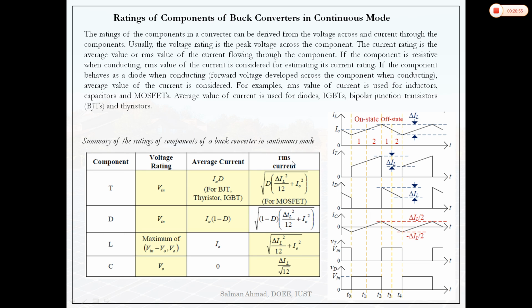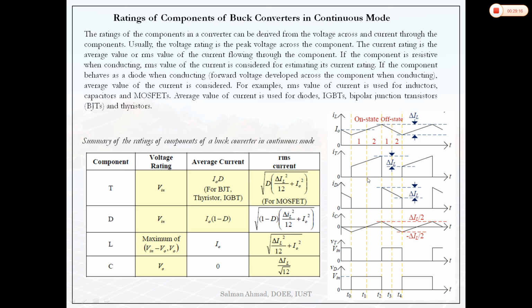Basically, RMS current is required for determining the current ratings of the control switch if it is a MOSFET, and we also require it for the current ratings of the inductor and capacitor. For the switch T, you can see that the RMS value we can find from here.